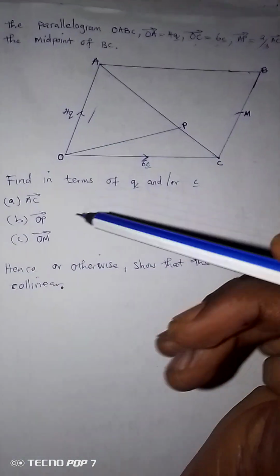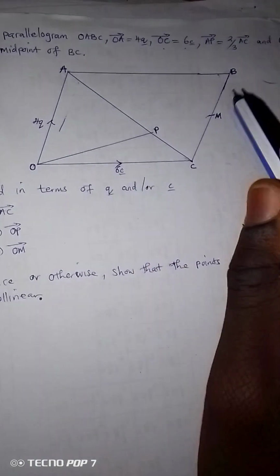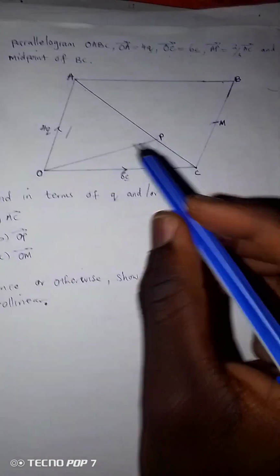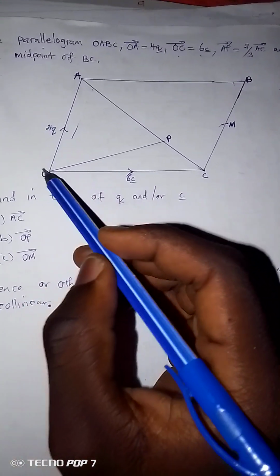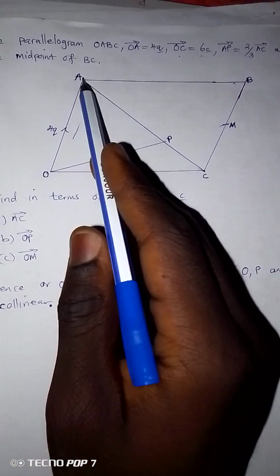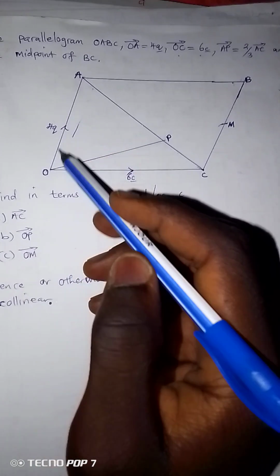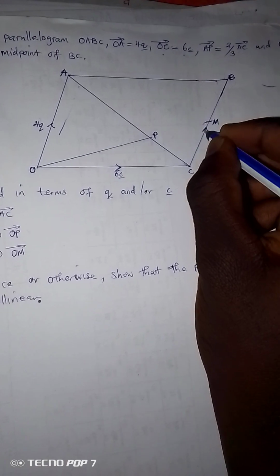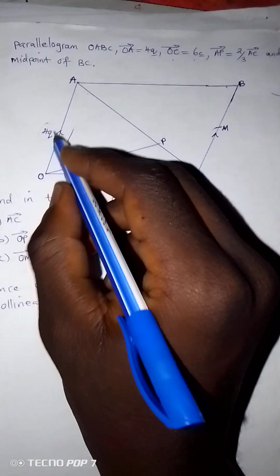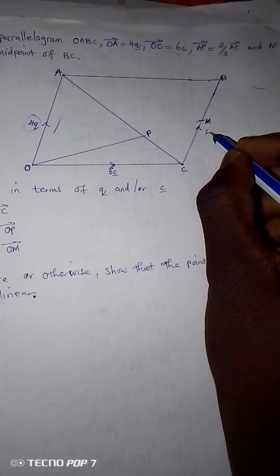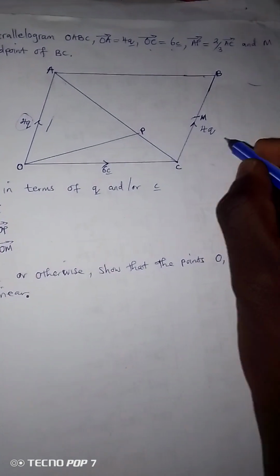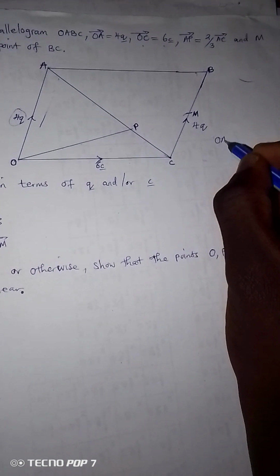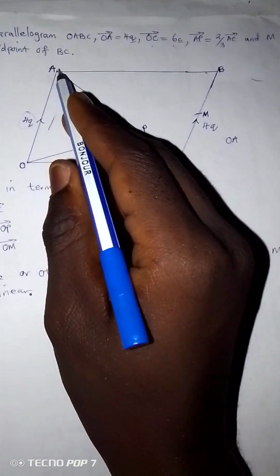Now, the first question. When they say midpoint, midpoint means half. We can see this parallel line moving from O to C. This parallel line cannot just go alone, meaning even this part has a parallel line. So if you have 4Q here, then this line is moving from here up to here.